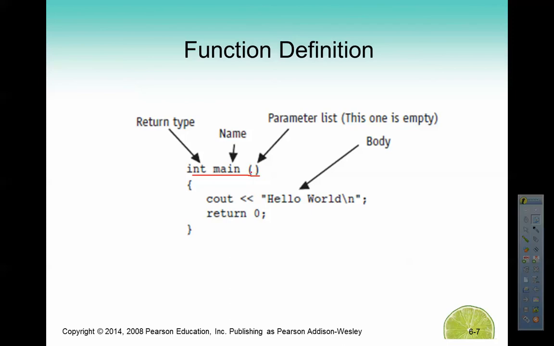So main does not receive values, and that is correct. And main always returns an integer. And this line is the one that is going to be sending this value. Think of this data type as a channel, as a highway, where this 0 has to go.